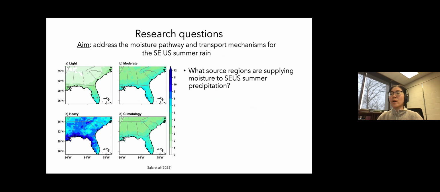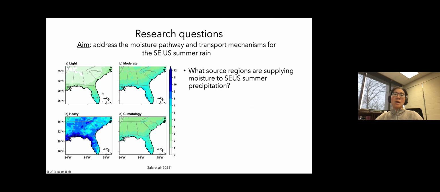Our first question is, what source regions are supplying moisture to the southeastern US summer precipitation? To further address this question, we decompose the total precipitation into three different categories, because as we learned from meteorology, the rainfall systems that generate different amounts of precipitation are quite different.